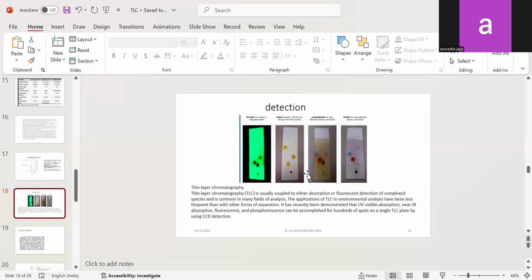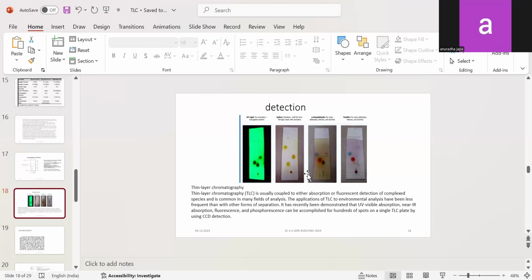Also, as I said earlier, the charring agent is a non-specific one and can be applied to a variety of biomolecules. It includes sulfuric acid and ethanol, and this mixture is sprayed onto the plate, and the plates are heated at around 110 degrees Celsius, and the compounds will get charred, that is burned, due to sulfuric acid interacting with them, and brown color spots will develop.